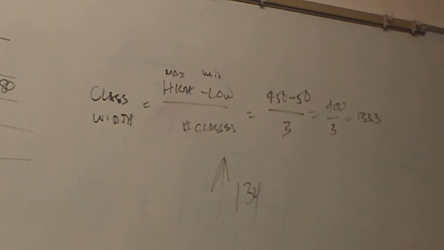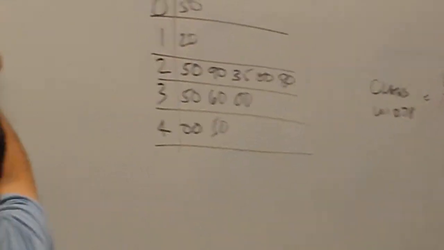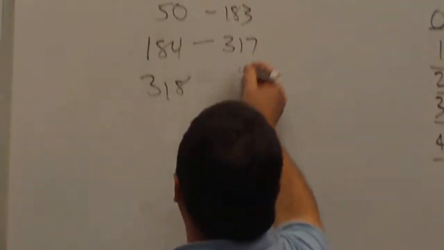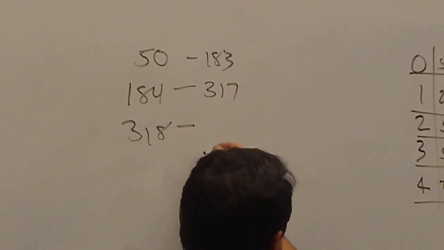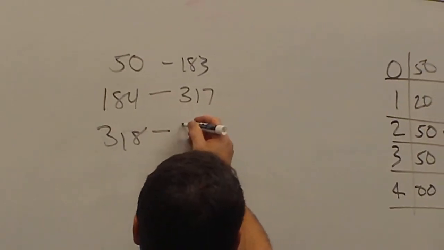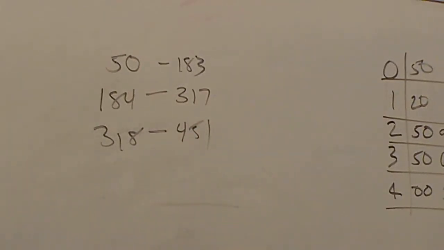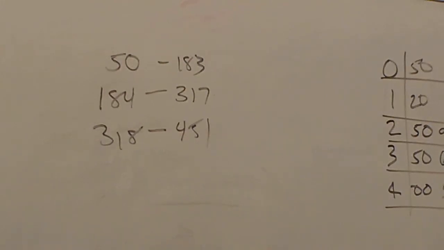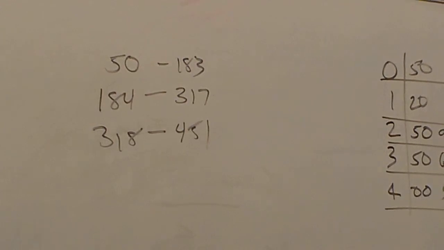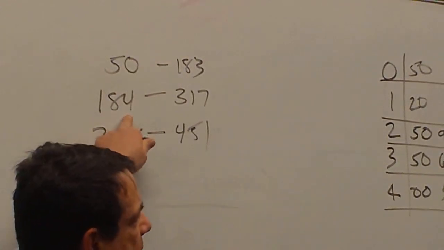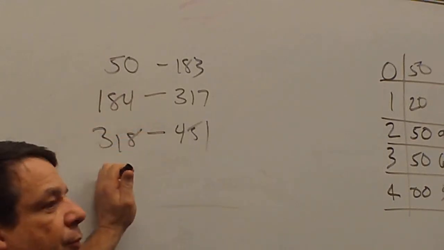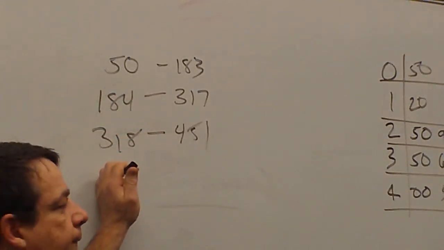So this would be to 183, and adding 134, this would be to 317, and this would be to 451. You want to see how I got those 3 classes? Start out at the smallest point, and you simply add your class width to each one to get your starting point. Okay?